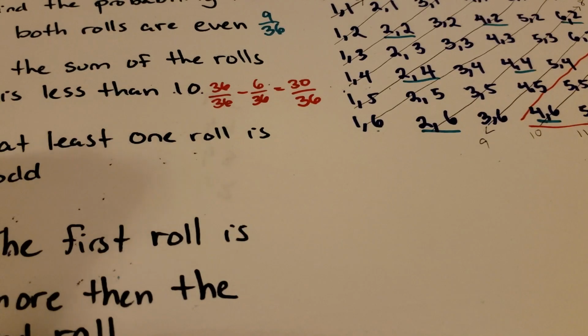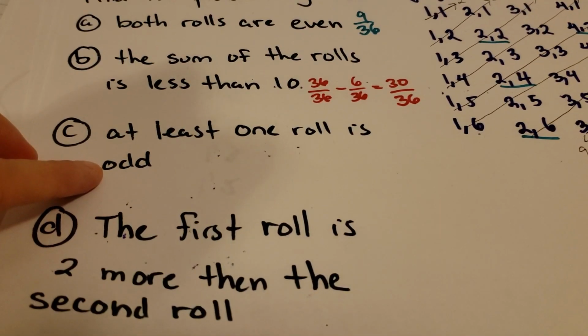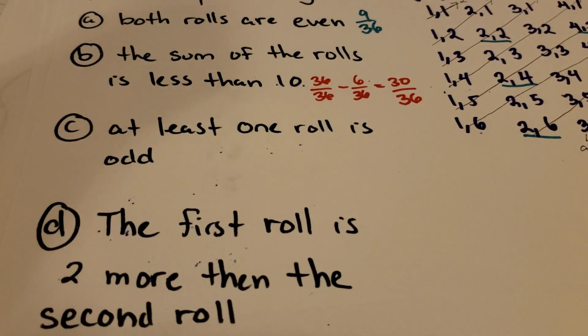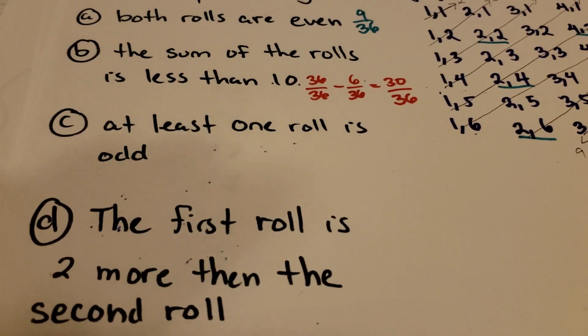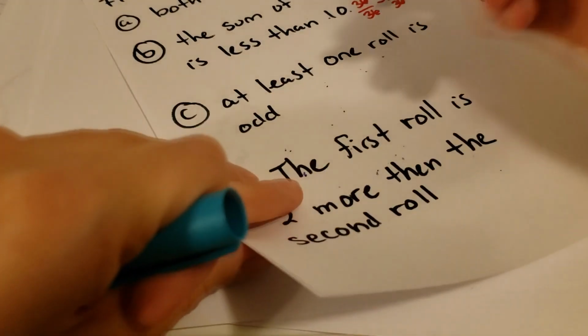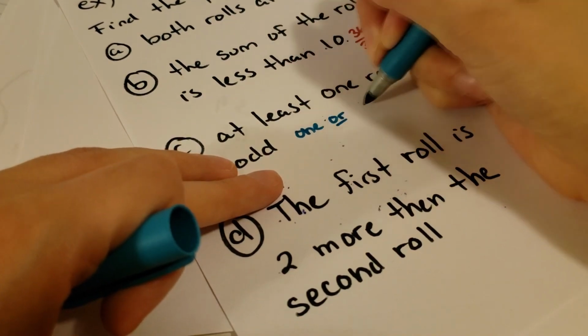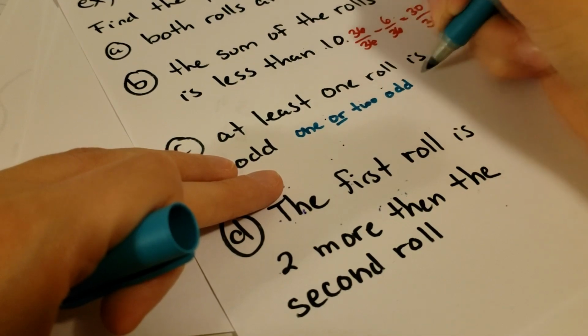Okay. Now let's see here. They're asking us to find the probability that at least one roll is odd. So at least one roll is odd means we definitely need one that's odd, but it also means 2 odd rolls is okay. So another way that we could rephrase this is by saying that we have 1 or 2 odd rolls.